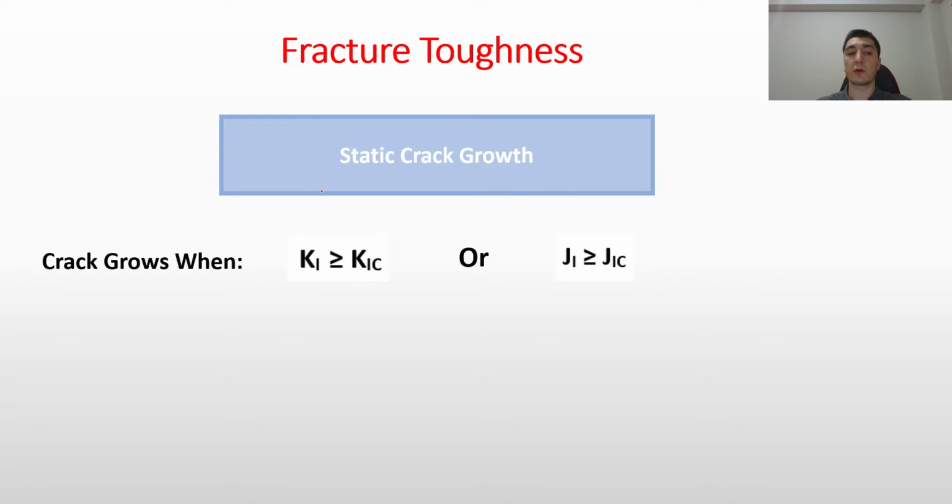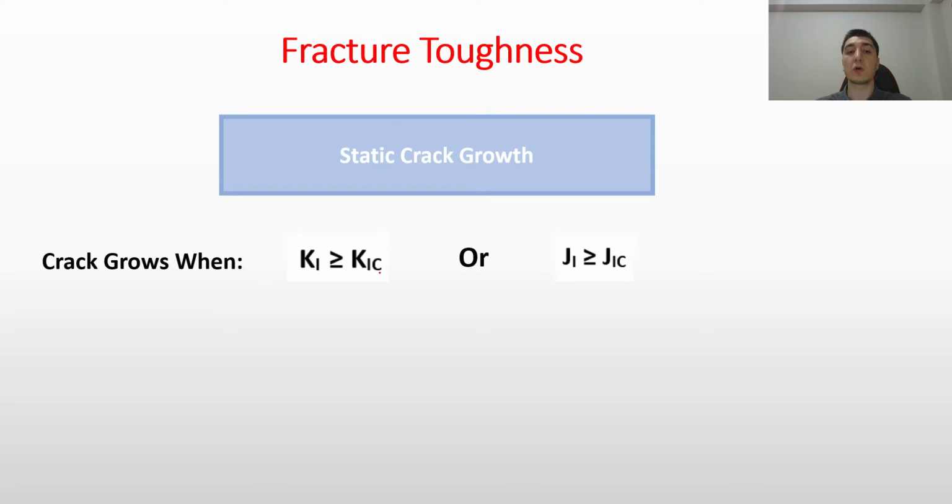So in the static crack growth, the rule is given here. Crack starts to grow if the stress intensity factor of mode 1 is equal to the fracture toughness, or cracks start to grow when the stress intensity factor of mode 1 is greater than the fracture toughness.